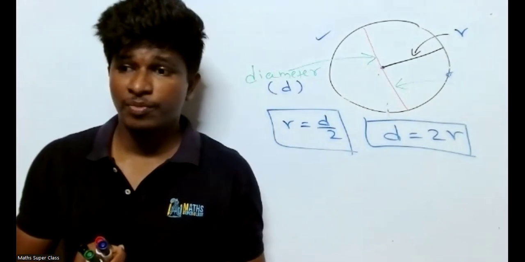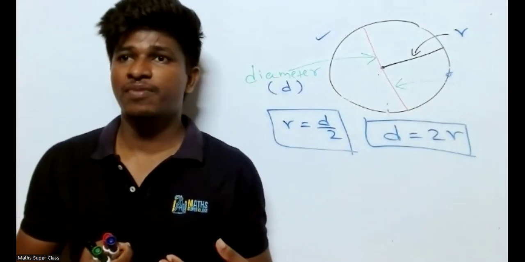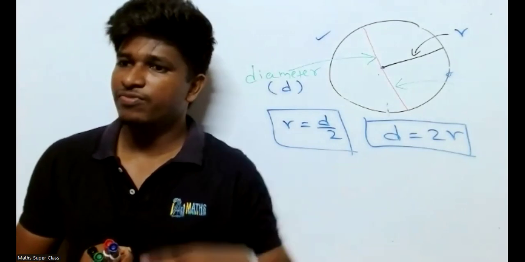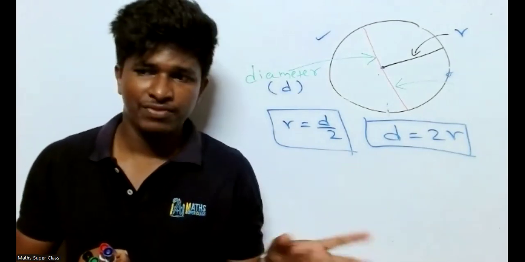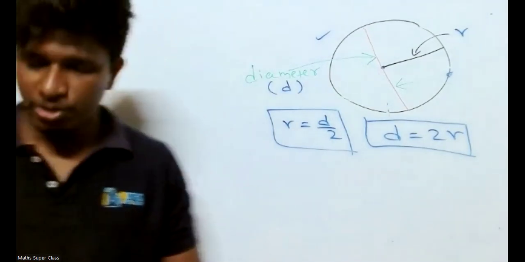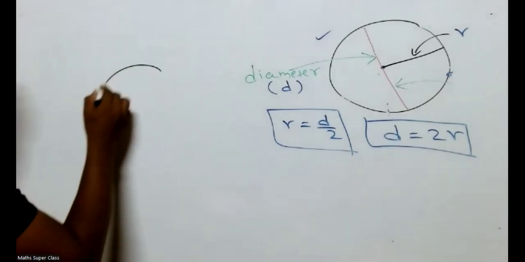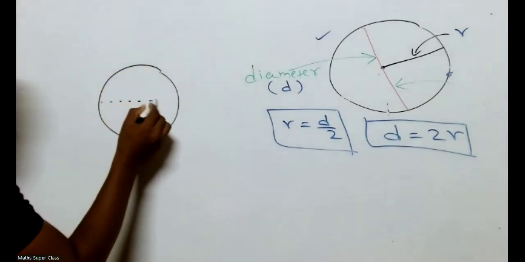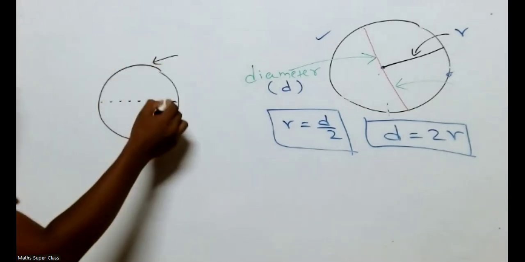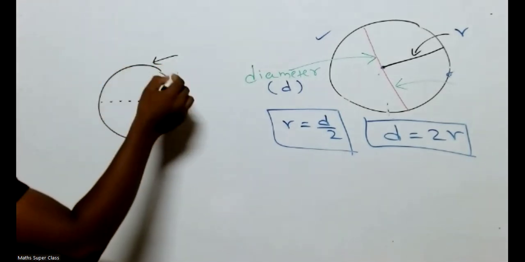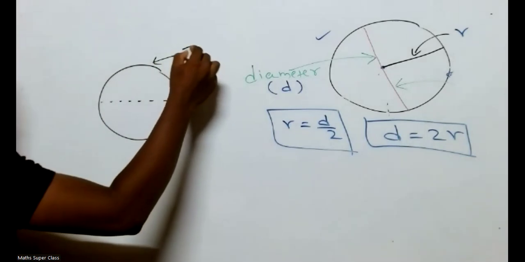That formula, that equation, was developed by some person to find out the circumference of a circle. According to those theories, this is an arc. We can find this arc using pi r.